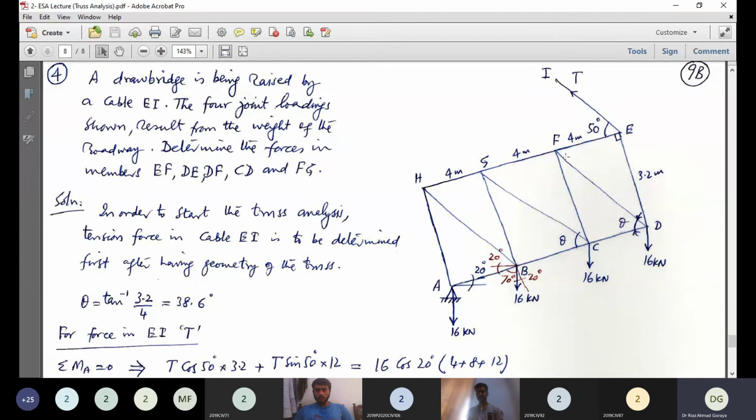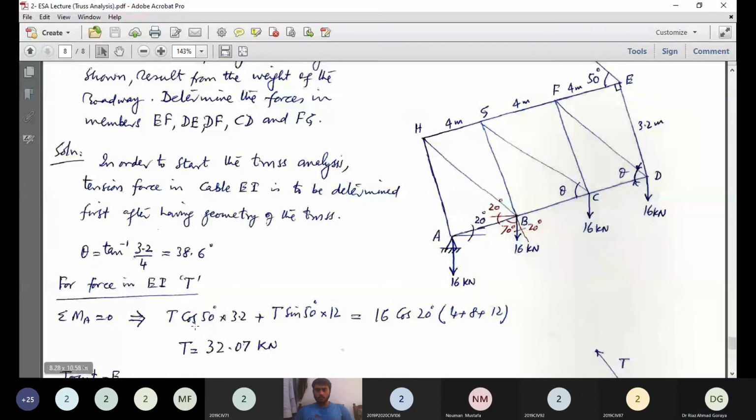So t cos of 50, ये जो डिस्टेंस है 3 plus t sin of 50 vertical, this total distance, that is 12, is equal to 16। तीन लोड है ना, 1 2 और 3, 16। अब जो इसके पैरेलल कंपोनेंट होगा वो होगा 16 cos of 20। So 16 cos of 20 is 4 plus 8 plus 12.